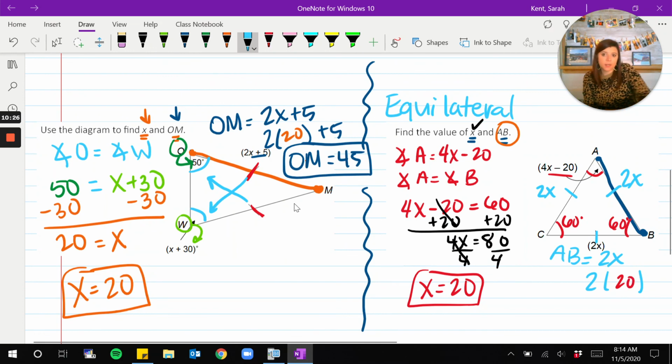So when I work out 2 times 20, I'll get that AB equals 40. So there's my second answer. All right, so now you're going to have some practice to look at isosceles and equilateral triangles.